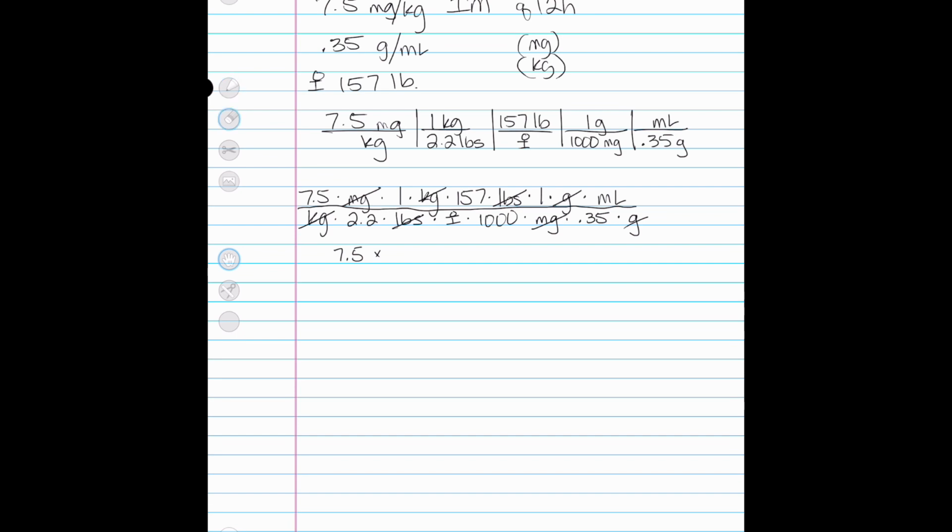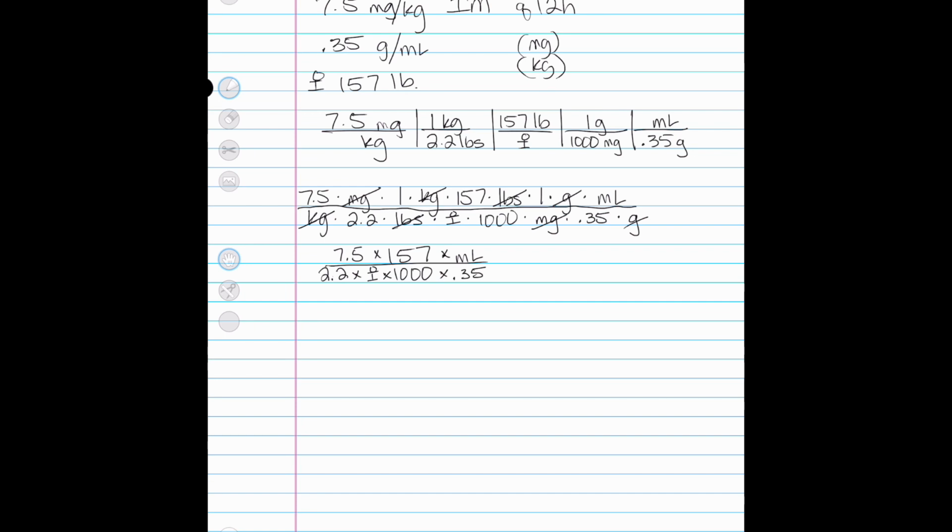So 7.5 times 157 times milliliters over 2.2 times my little dude times 1,000 times 0.35. Let me stick with a standard of multiplication symbols here. So what we're going to be left with is 7.5 times 157.